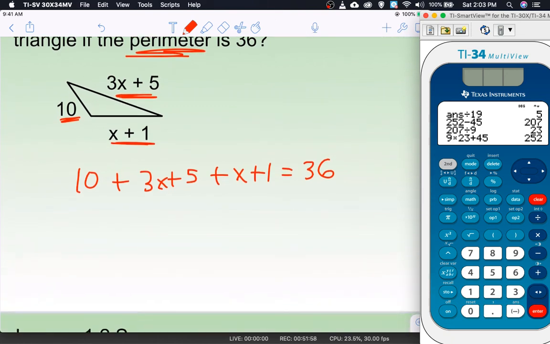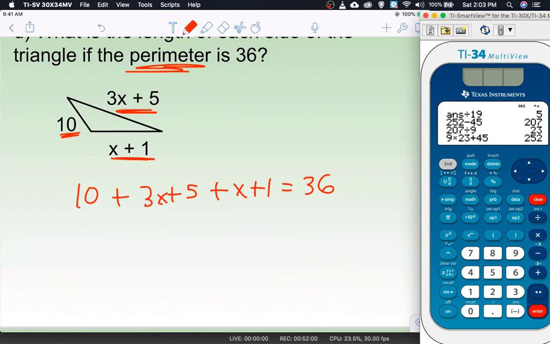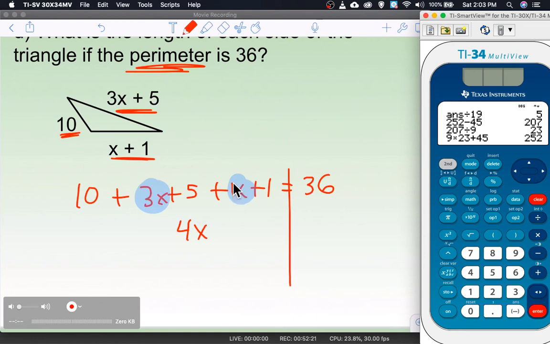Okay, well, let's see. There's a lot to combine on the left side of this problem. I have a 3x and an x that can be combined together. 3x and x is 4x, because that is 3x and one more x. An x by itself is a 1x.